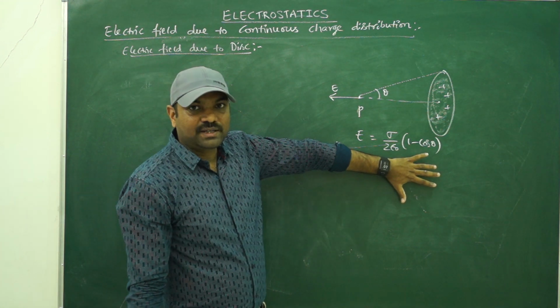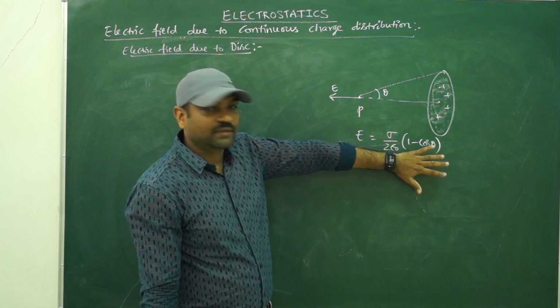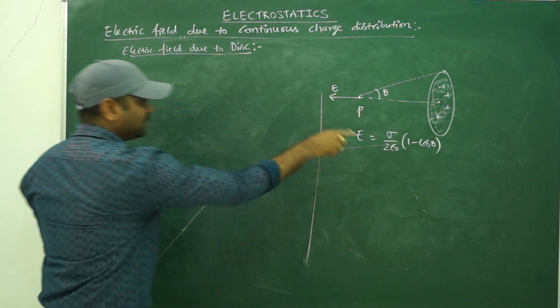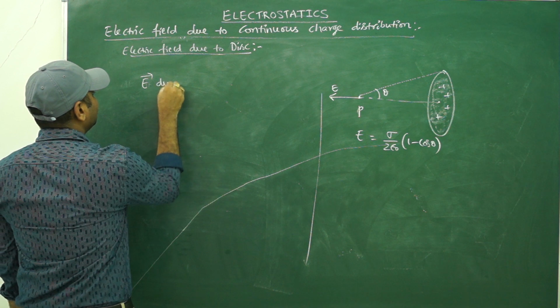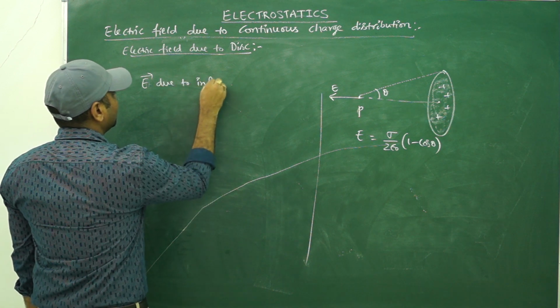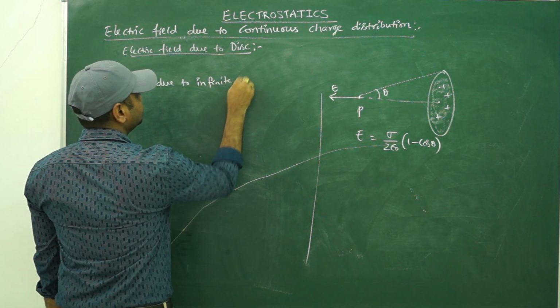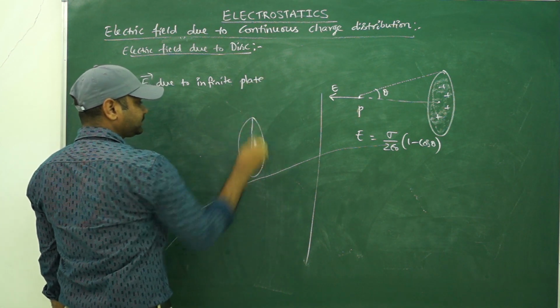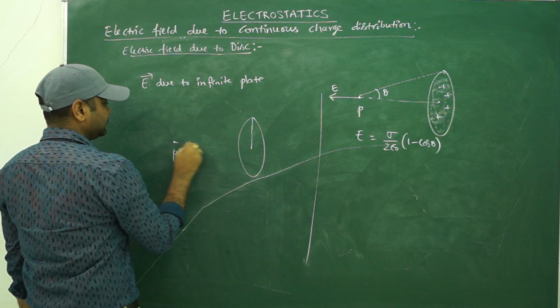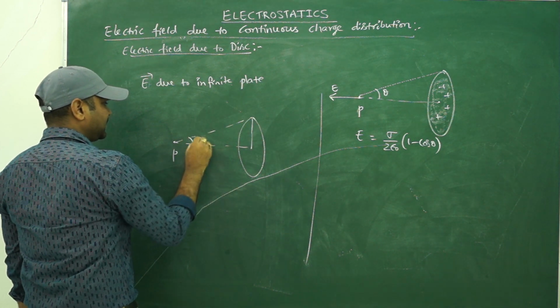The advantage of this formula is that we can identify the electric field due to an infinite plate. Now I am taking the disk and this point, and the angle it makes is theta.